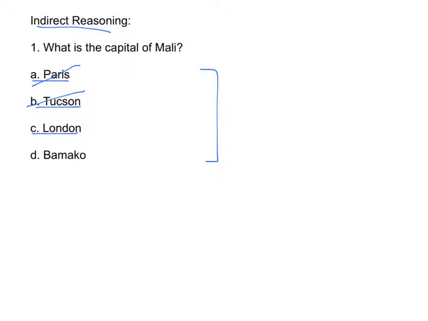C is London, which is the capital of England, so we can cross that out, and then we're left with Bamako, which is the capital of Mali. We used indirect reasoning. We eliminated all but one possibility because they were shown to contradict a given fact or accepted idea, and then we're forced to accept that the remaining possibility must be true.